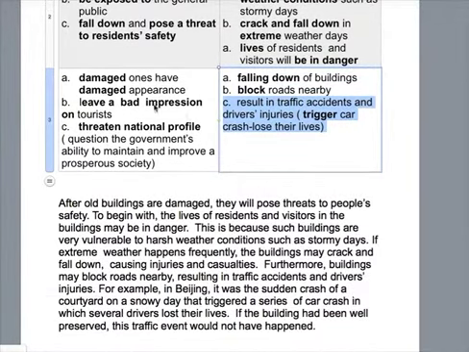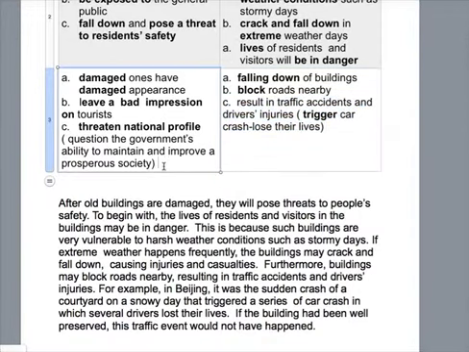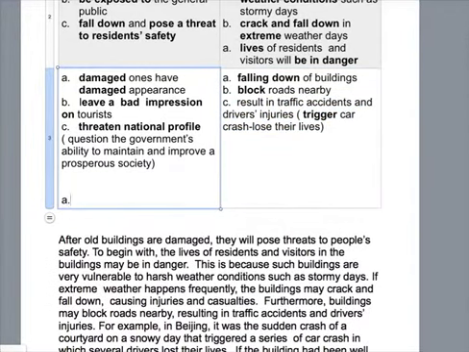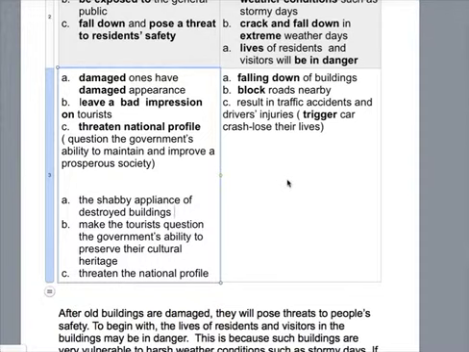If I want to change this one and keep the same meaning, I can change it in this way. A can be damaged or destroyed buildings. So let's have a look at these ABC phrases. I put the shabby appearance of destroyed buildings.